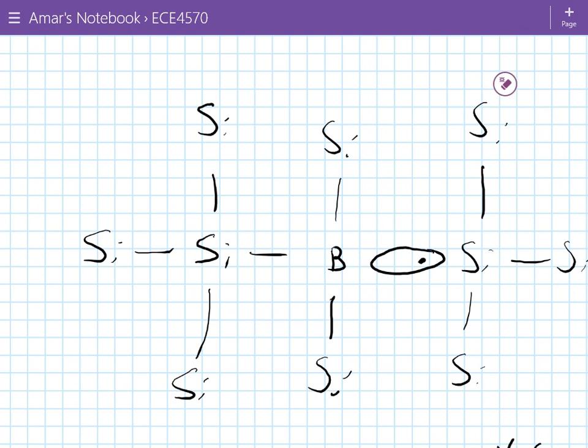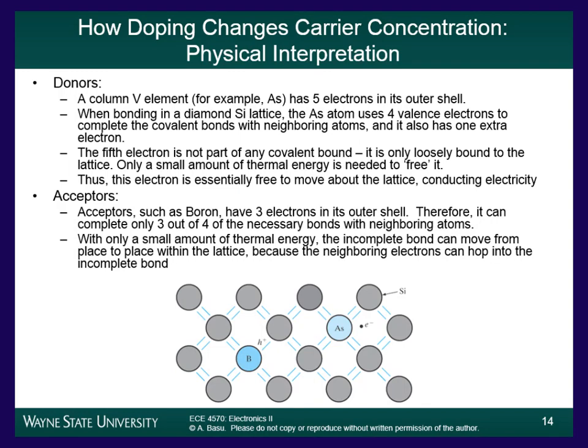This here is an incomplete bond. This is a complete bond, so this consists of 2 electrons. So if an electron decides to move over here, then that will make this bond incomplete. It will complete this one, right? So you'll end up with a complete bond here, incomplete bond here. So your hole has essentially moved from here to here. So that's how the holes move about the lattice.